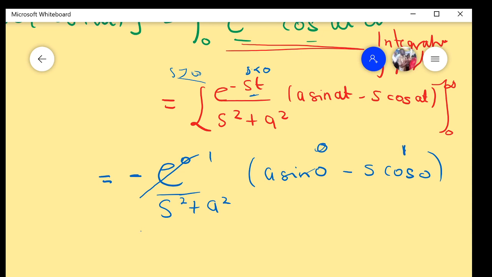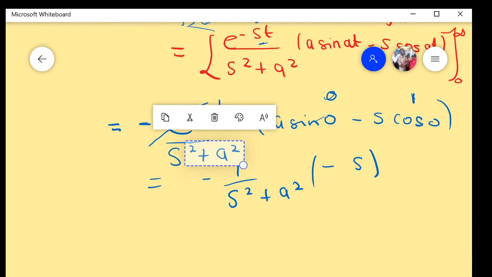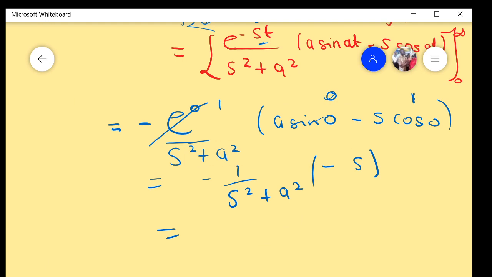So you realize that I'm going to have minus 1 over s squared plus a squared, minus s, and our final answer is going to be s over s squared plus a squared, on the condition that our s is greater than 0.